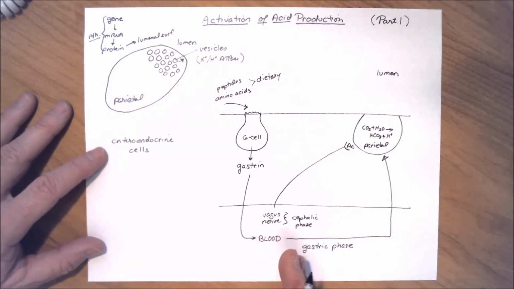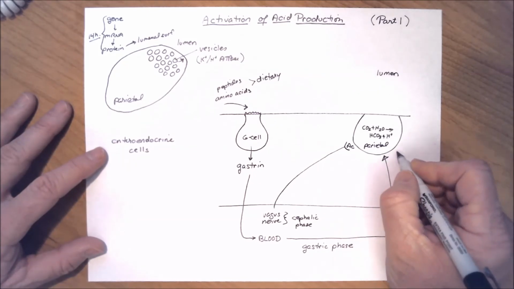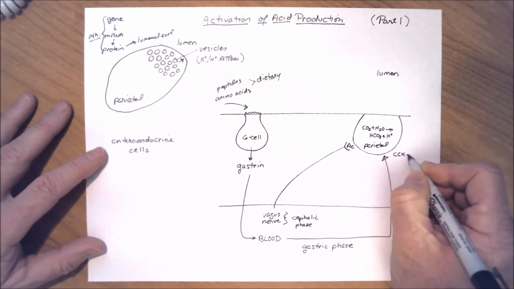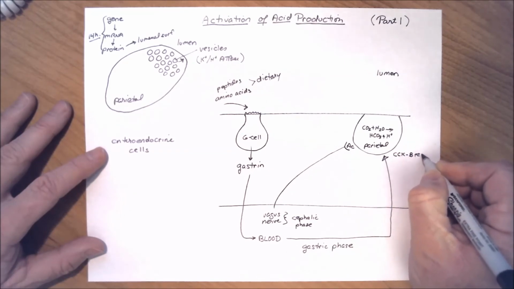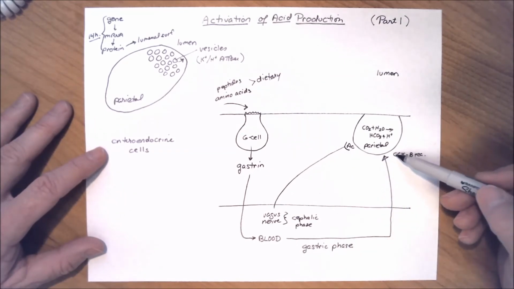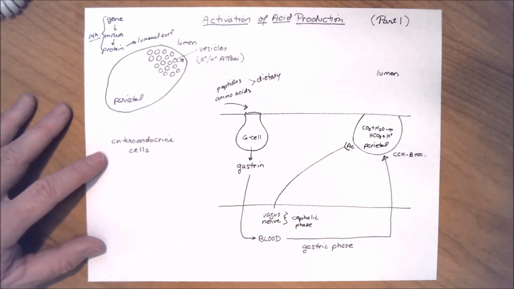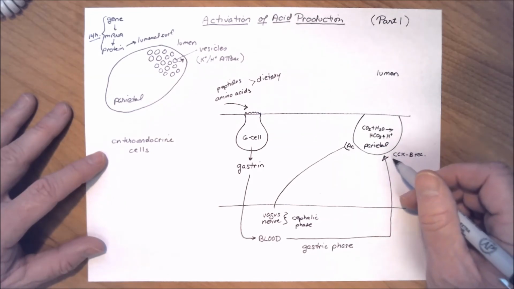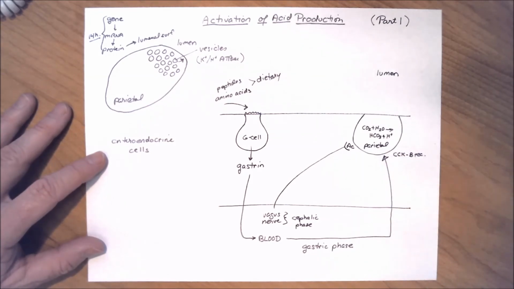So we've transitioned from the cephalic phase to the gastric phase. Now the gastrin works through the CCKB receptor. We'll talk more about CCK later on. This is cholecystokinin. This is also another hormone that's produced in the digestive process. We will see this a bit later. But this receptor, the gastrin receptor, was named CCKB because it's related to the CCK receptor.